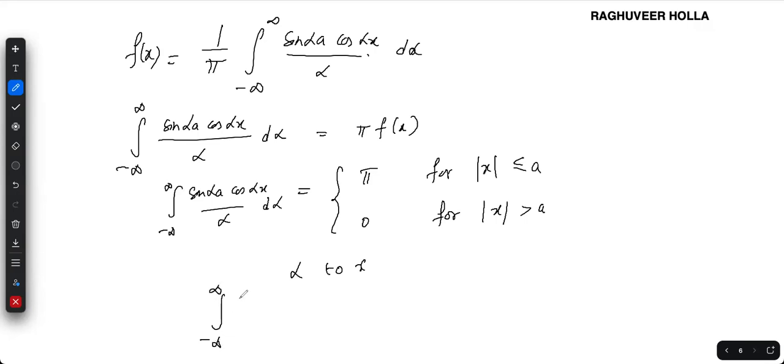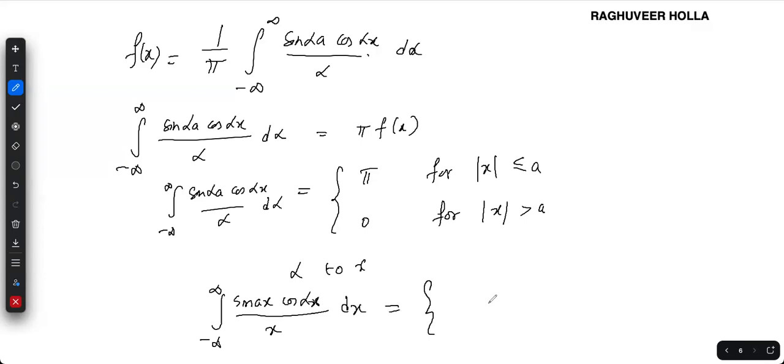Hence we can evaluate this: the integral of sin ax cos alpha x divided by x dx.